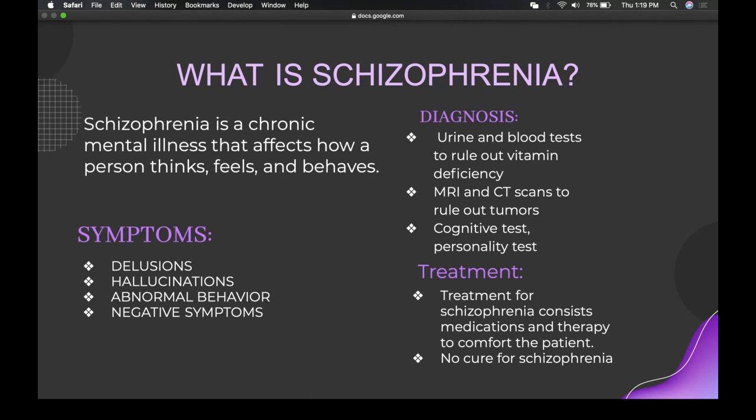So treatment, there's no real cure for schizophrenia, just like most of the other disorders. But there are a few medications that patients can take, and they could also do therapy to comfort the patient.